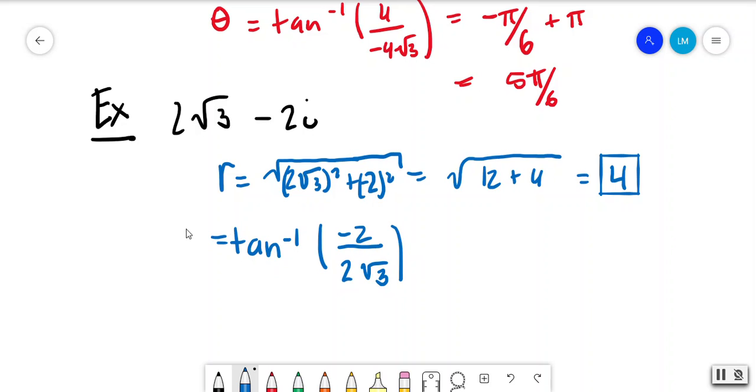Now here, this is also very different. Why? Because if you were to plot this in the complex plane, the vector that forms looks something like this. So the angle measure must be like this, but unfortunately, the calculator is going to give you the wrong answer.